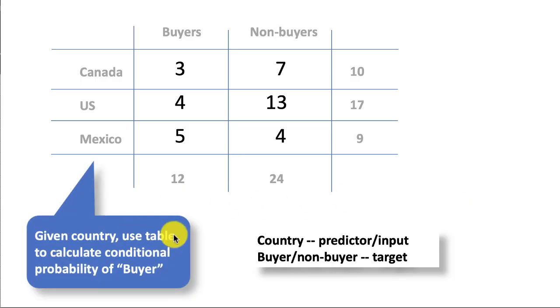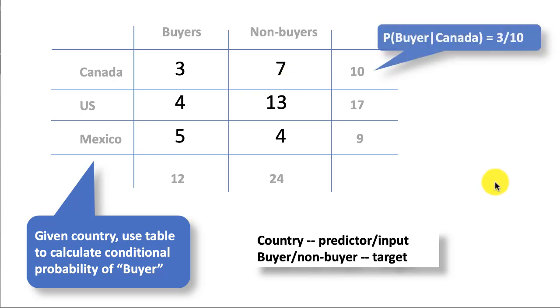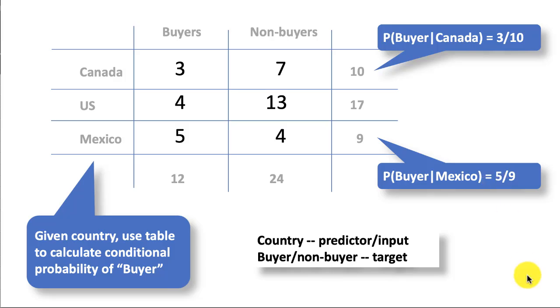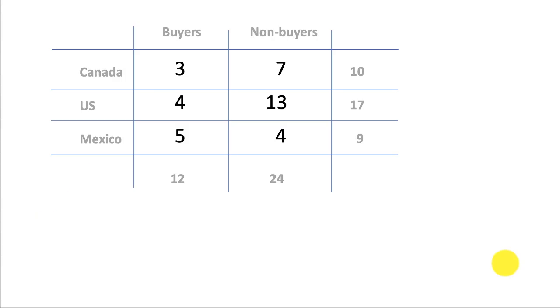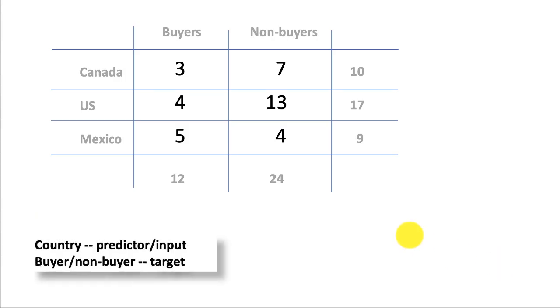Okay, so given a country, we can use this table to calculate the conditional probability of being a buyer or non-buyer. So given a person is from Canada, probability of being a buyer is 3 by 10, probability of being a non-buyer is 7 by 10, because there are a total of 10 Canadians. So we can calculate all of those. Clearly, what we've been looking at till now is really something in predictive analytics.